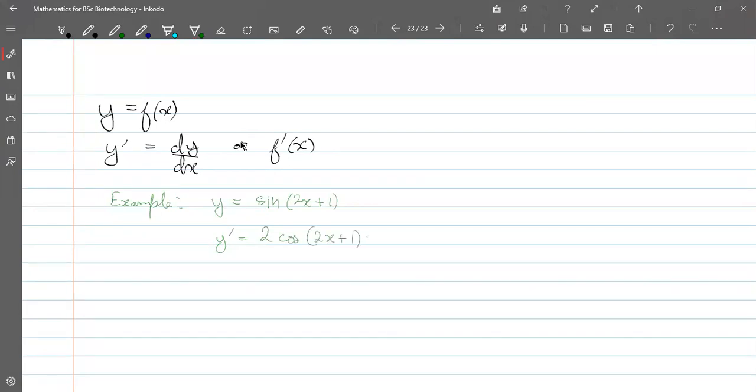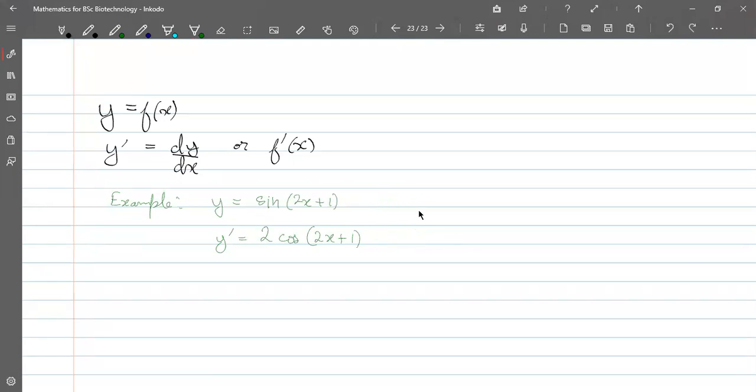So obviously this is also a function of x, correct? So if this is f of x, then this is f dash of x, or you can call it g of x if you want. Normally we just write f dash of x, but the point is that this is by itself a function, just like this one is. Okay.